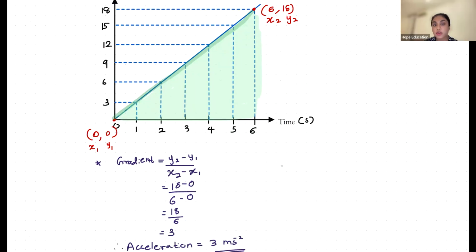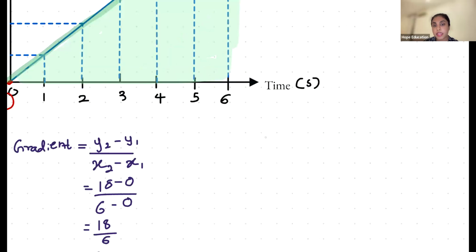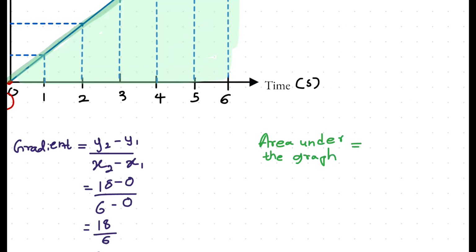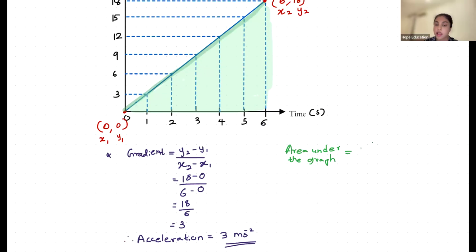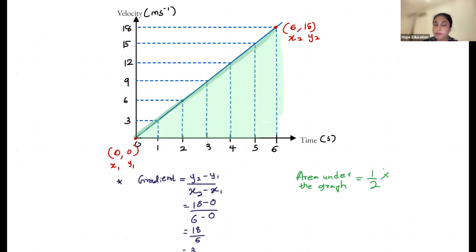So let's just calculate and see. Area under the graph, and it is a triangle. How do we get the area of a triangle, Lamai? Half into base into perpendicular height. Then look, here the base is 6, the total value here is 6.